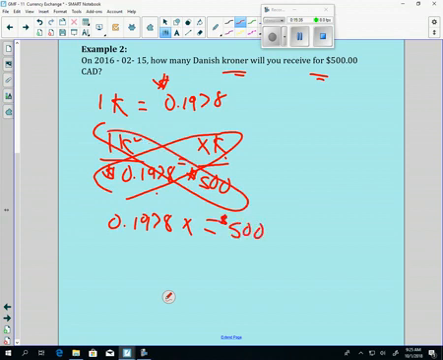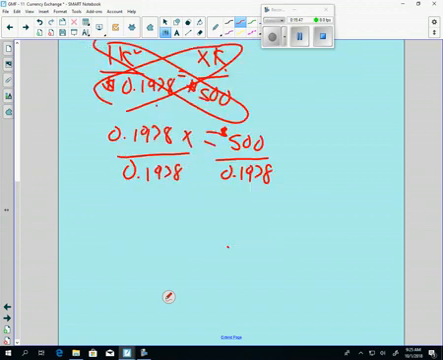So in order to find out what x is going to be, I have to get rid of this. So it means I have to divide. I have to do the same thing over here. Same things will cancel out. Then I go to my calculator.